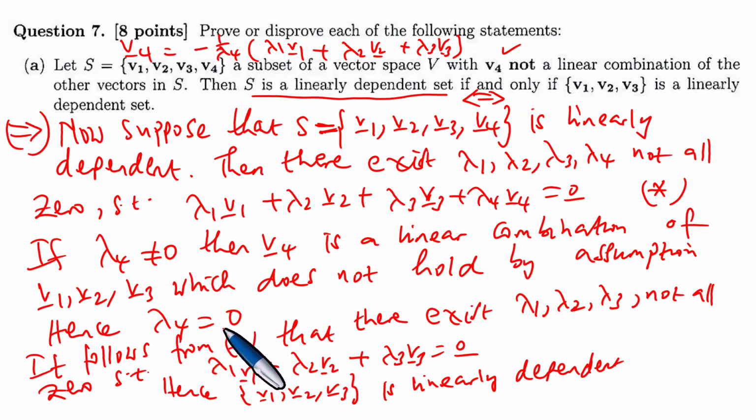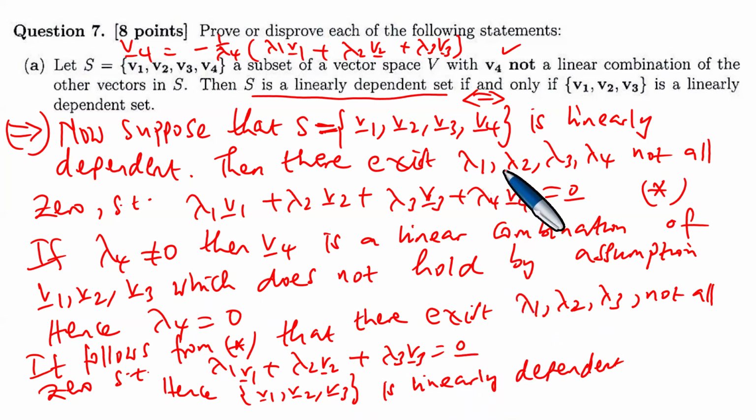Now, if lambda 4 is 0, then lambda 4 times V4 is going to be 0. Then we have managed to reduce the 4 vectors to 3 vectors. Now, the 3 vectors themselves become what? It follows, therefore, from star that there exist lambdas such that this is the case, and we have a linearly dependent case.